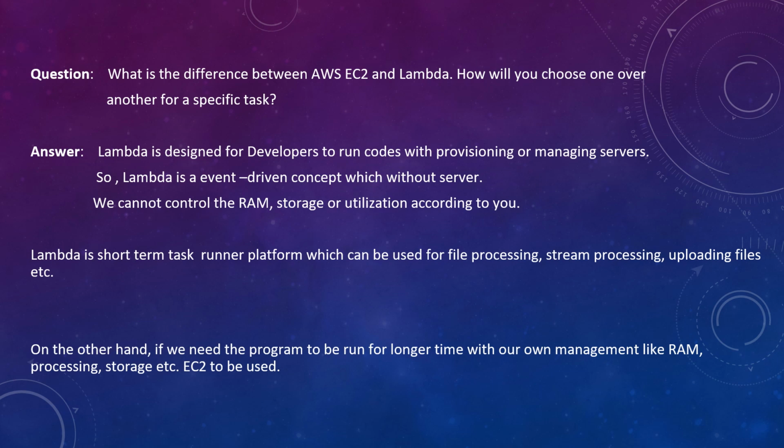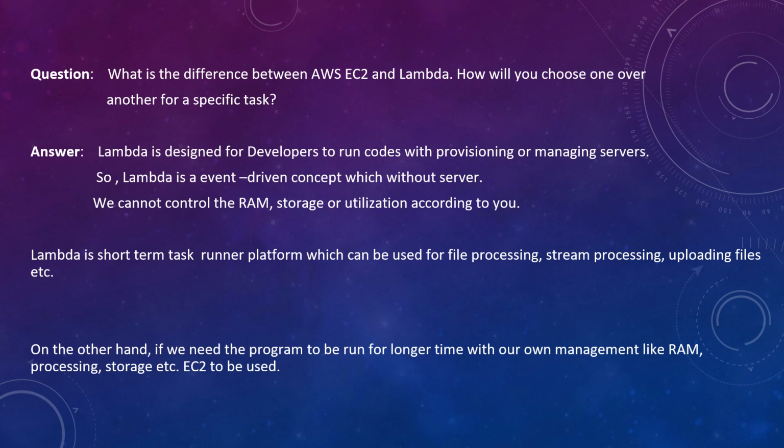So this is the basic difference between Lambda and EC2. EC2 is a virtual server. However, Lambda is a serverless concept, right? And Lambda is recommended for developers who can just upload files to run code and get the output.